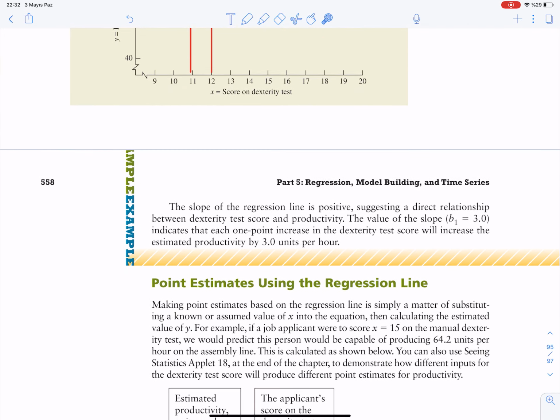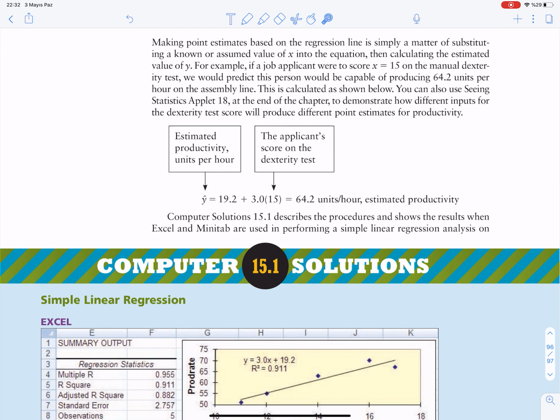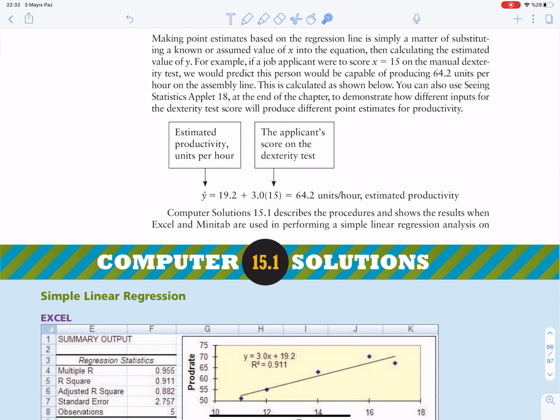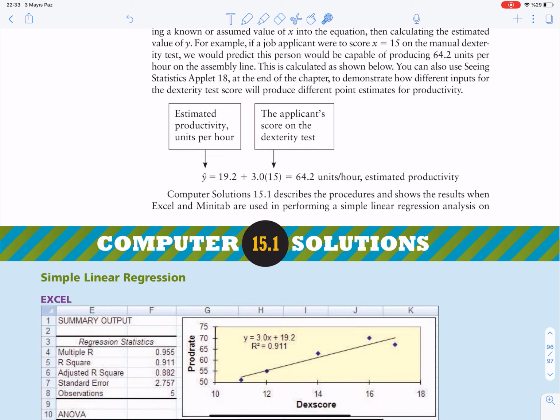This is a prediction for another person who scores 15 and is not an employee within the data set: 64.2 units an hour estimated productivity.